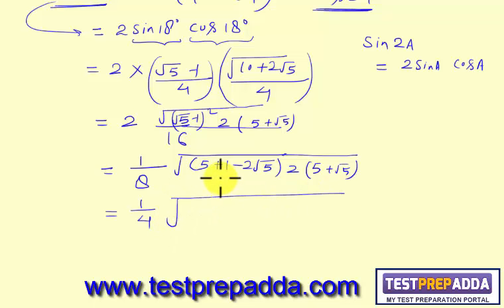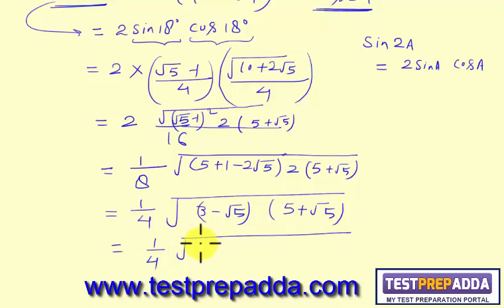Inside the root, what do we get? 3 minus root 5 into 5 plus root 5. Okay, now if you multiply, it will become 15 plus 3 root 5 minus 5 root 5 minus 5.